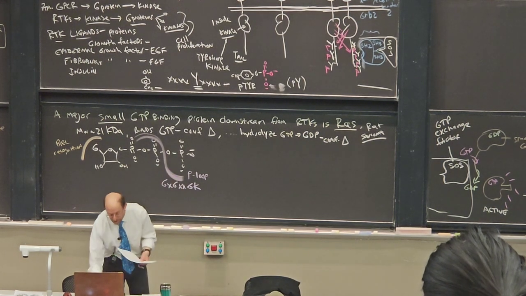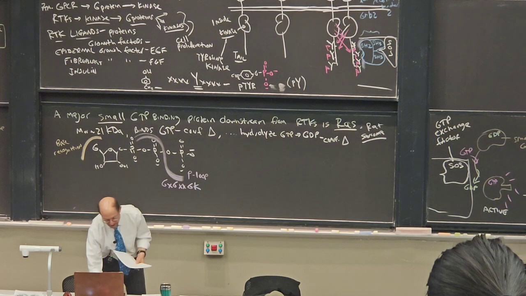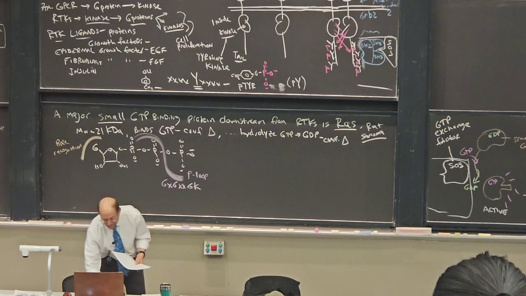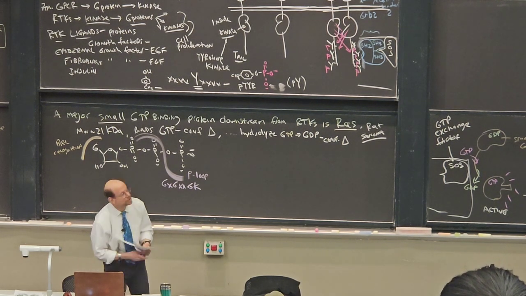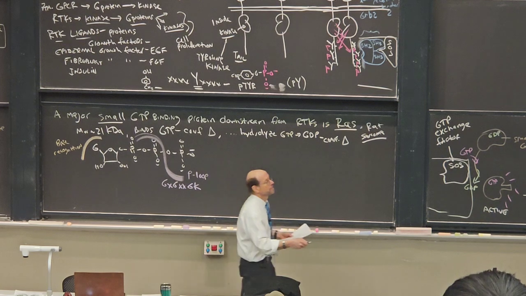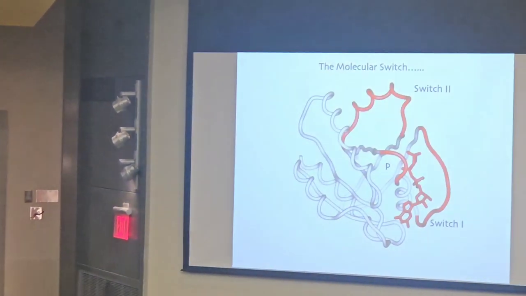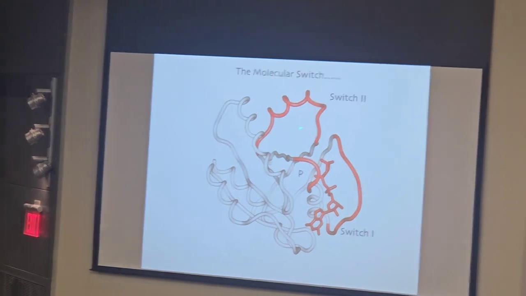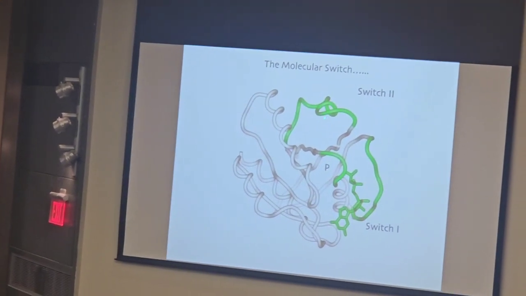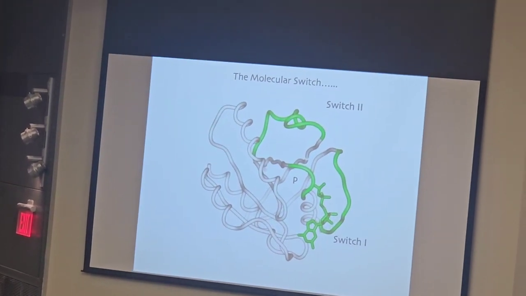I'm going to show you in this movie, and I will post this, the change. So first look at the red and green. GTP, GDP. GTP, GDP. Now look at the loops. Loops are switching. I'm going to show it to you again.